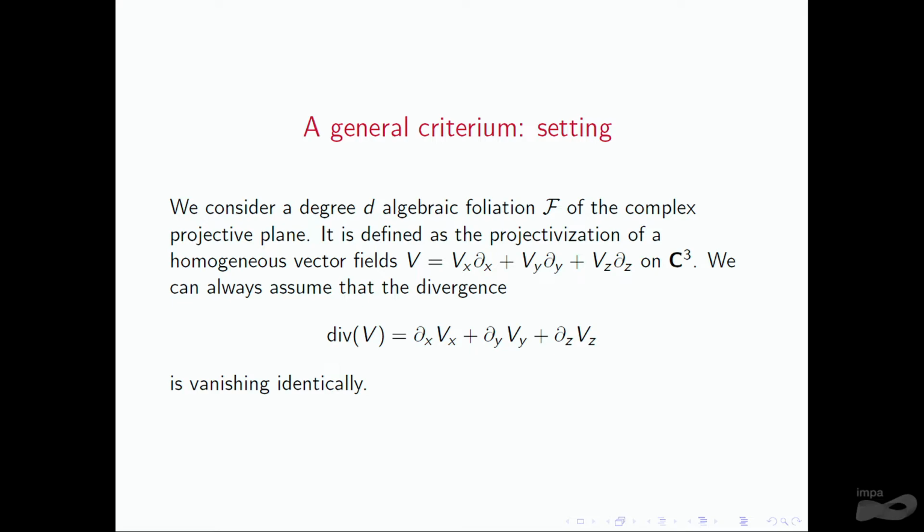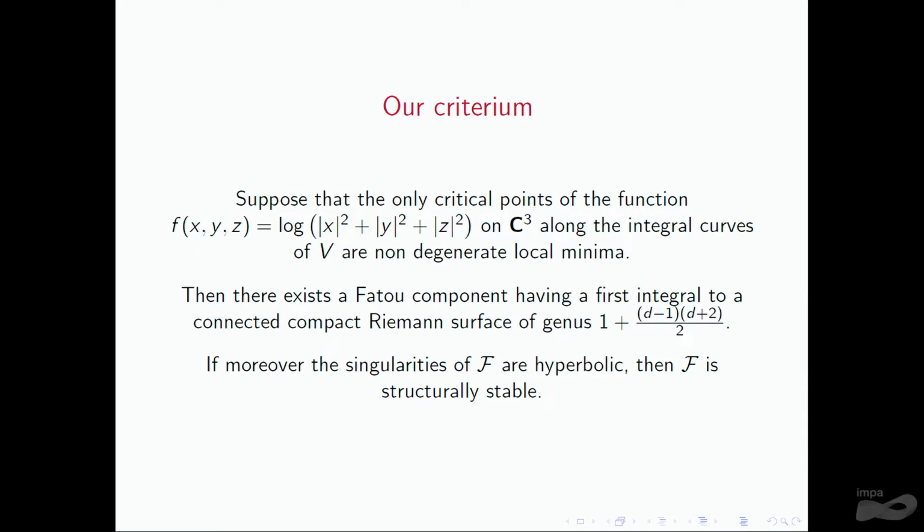And adding a multiple of that, you can always assume that the divergence of V is 0. It's a complex divergence, defined by this formula, with the complex derivatives partial x, partial y, and partial z with respect to the x, y, z variables. So we are going to assume that we have this homogeneous vector field on C3 of zero divergence. And the criterion is the following.